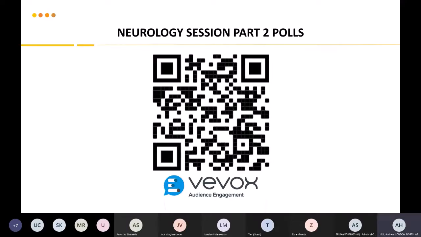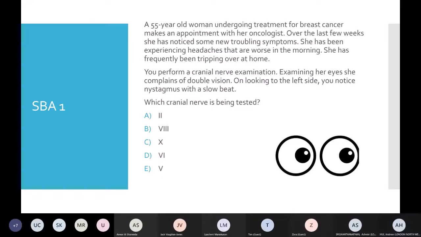Okay, so let's start off then. Right. So just as before, I'll read out the question and you guys can answer. We're starting off with an easy one. A 55-year-old woman undergoing treatment for breast cancer makes an appointment with her oncologist. Over the last few weeks, she has noticed some new troubling symptoms.